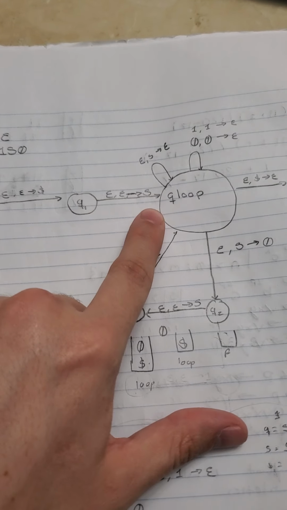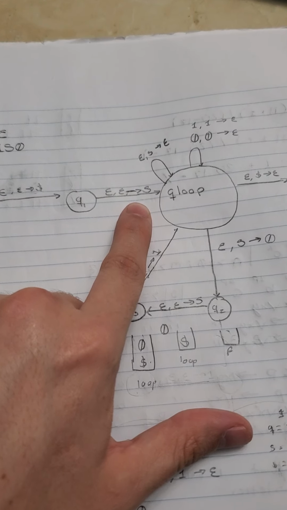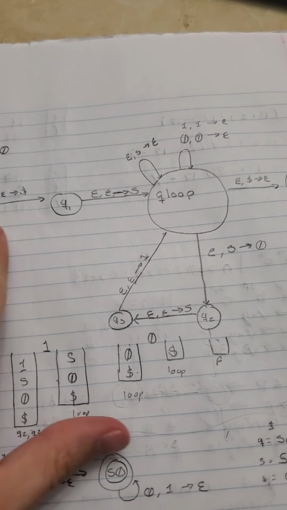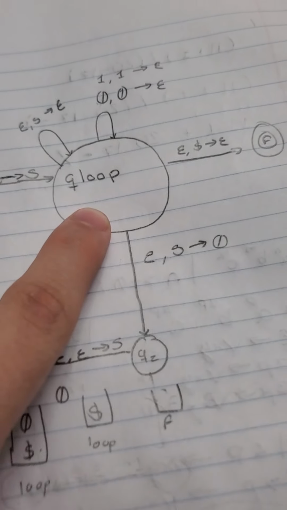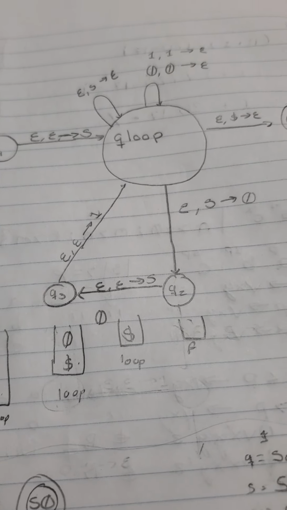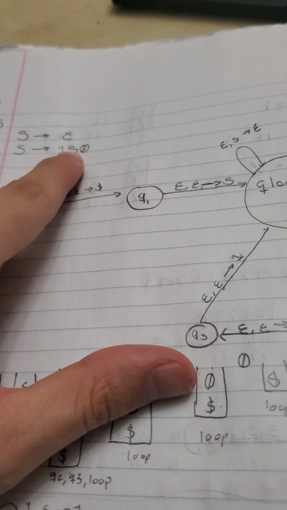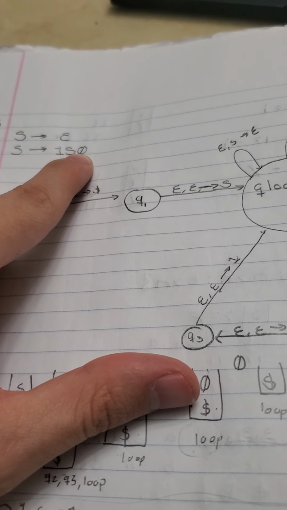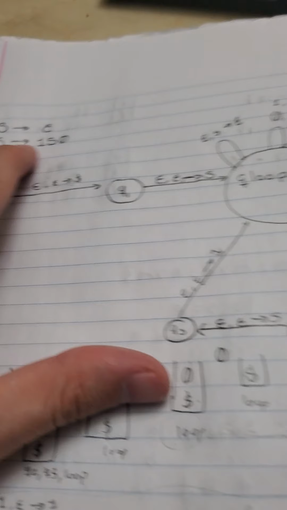So when we know we have to push the start state, we're going to create a Q loop. And this is the tricky part because as we're having to put 1 S 0, we should have to put it backwards, 0 S 1, because we're on a stack.